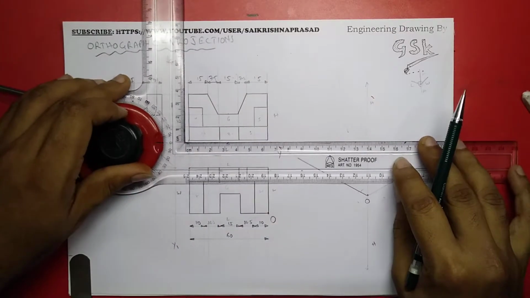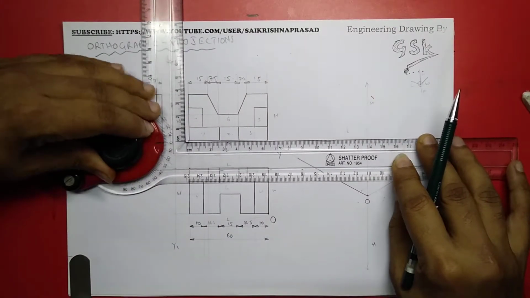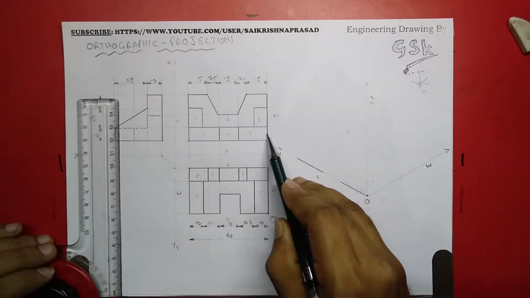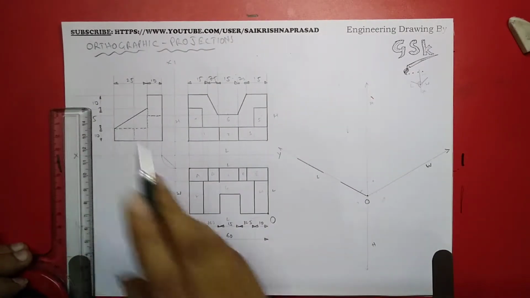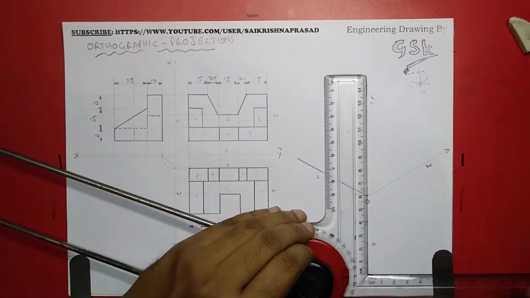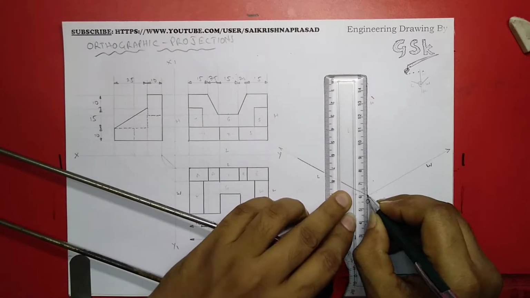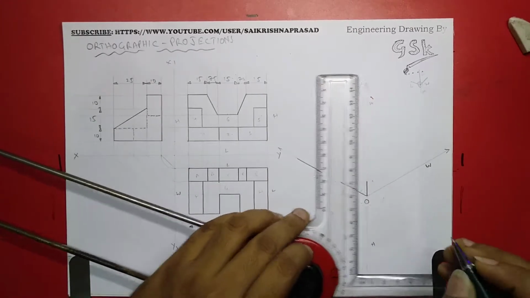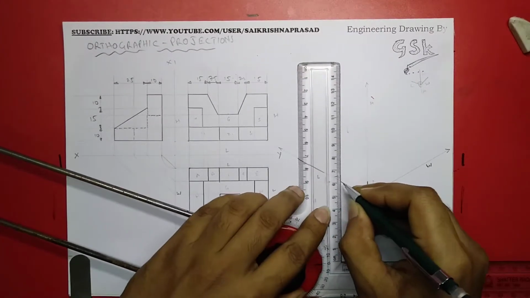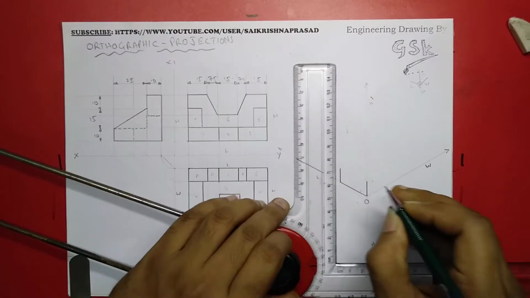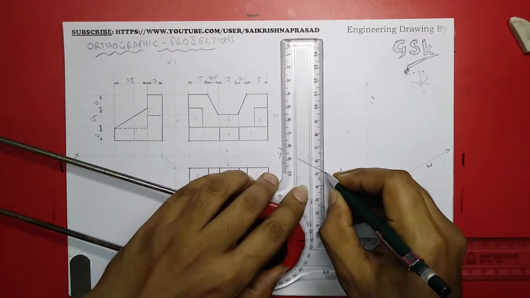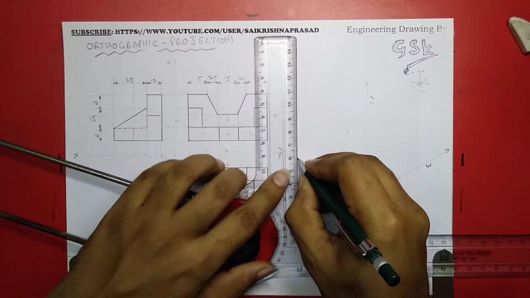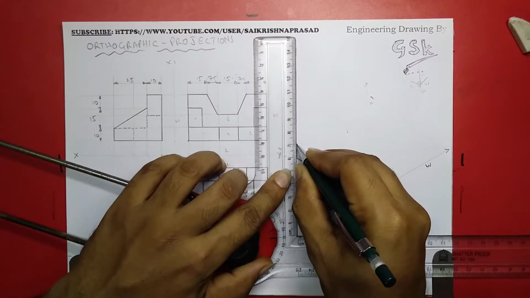Next I'll take height. So at this point I have a height of 10 mm. You can see this one, 10. Here also 10. Here 10. Here 10.